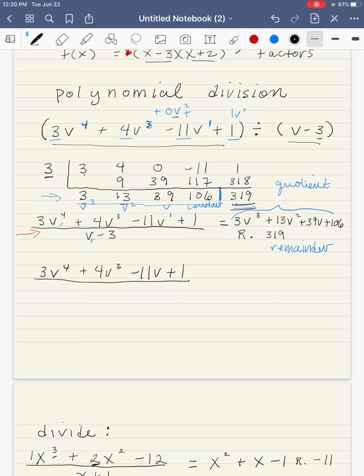So we're going to see that if I take 3v to the fourth plus 4v cubed minus 11v plus 1, and I divide by v minus 3, that's going to be equal to my 3v cubed, the quotient is the same, plus 13v squared plus 39v plus 106, plus my remainder here, but instead of saying this is a remainder, I'm going to write it with a plus 319 over what I'm dividing by here, v minus 3.